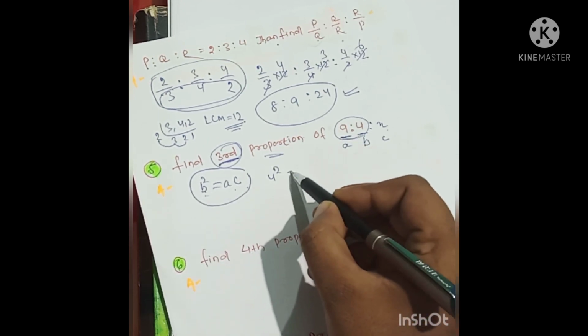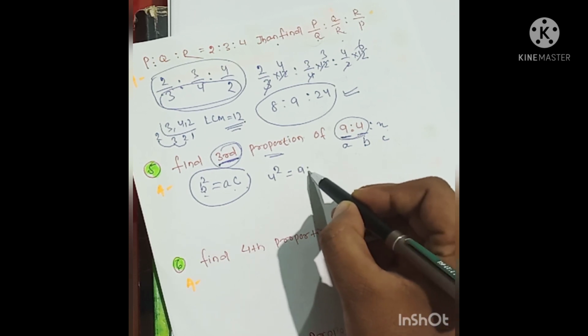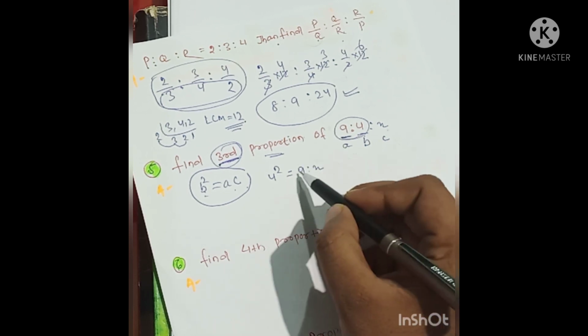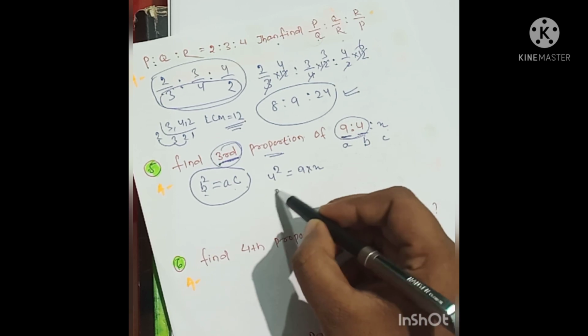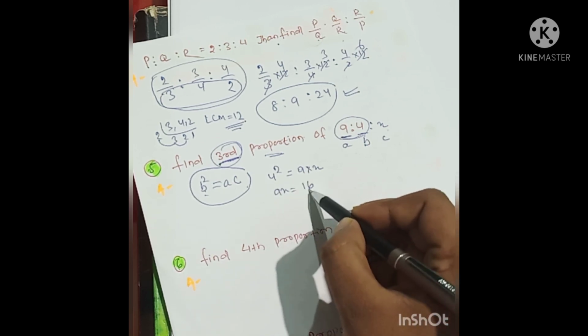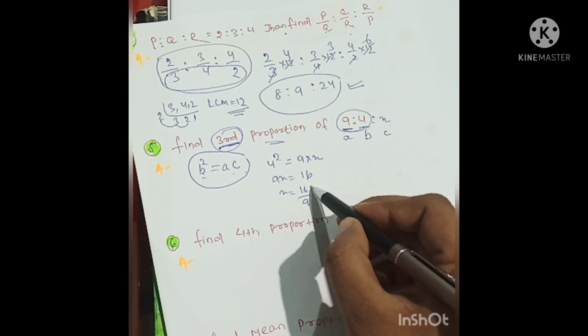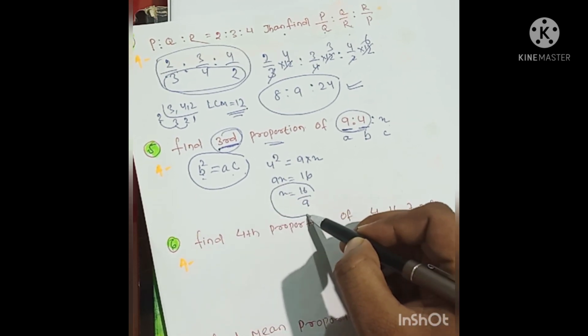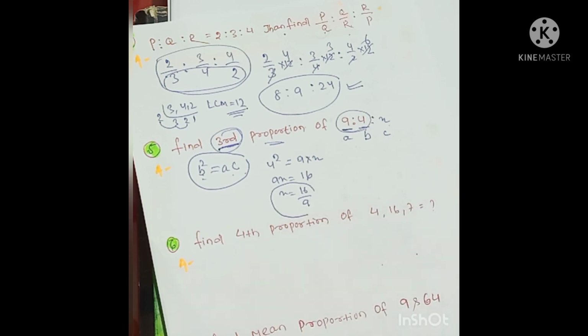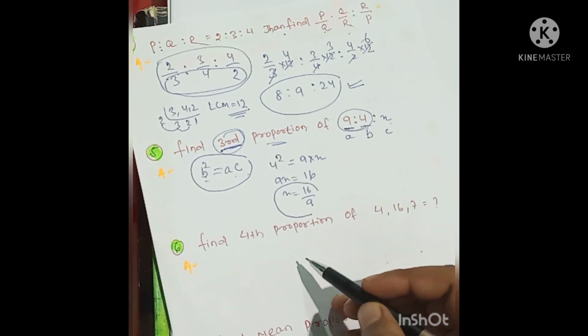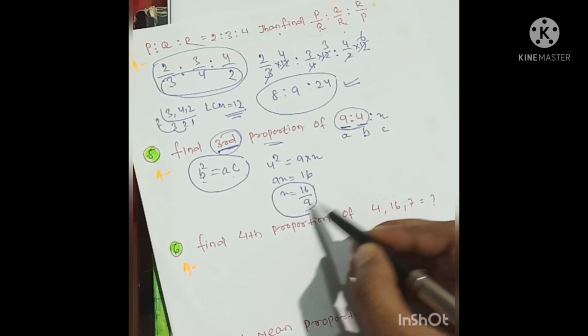Then ac is 9 into x. And then 9x is equal to 16. x equal to 16 by 9. So 16 by 9 is your answer.